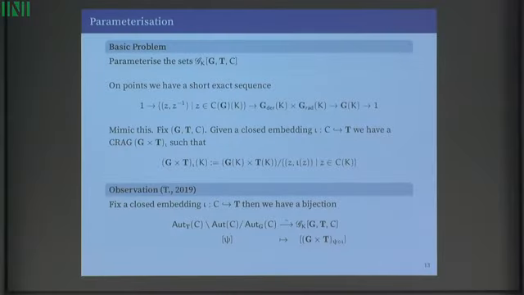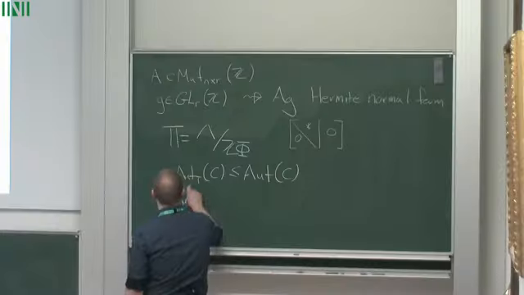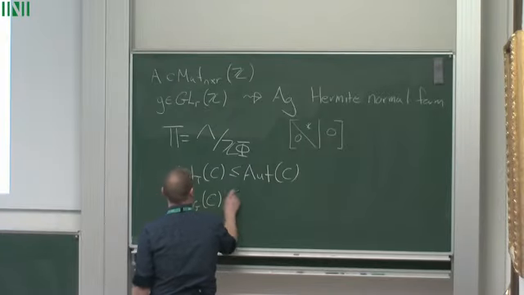So what should Aut_T(C) be? Those are going to be the automorphisms of the finite group which you get from an automorphism of the torus, okay, that actually extend up to the torus. And Aut_G(C), that's going to be the same. Those are going to be the automorphisms of this finite group that you actually get from an automorphism of the semi-simple group.